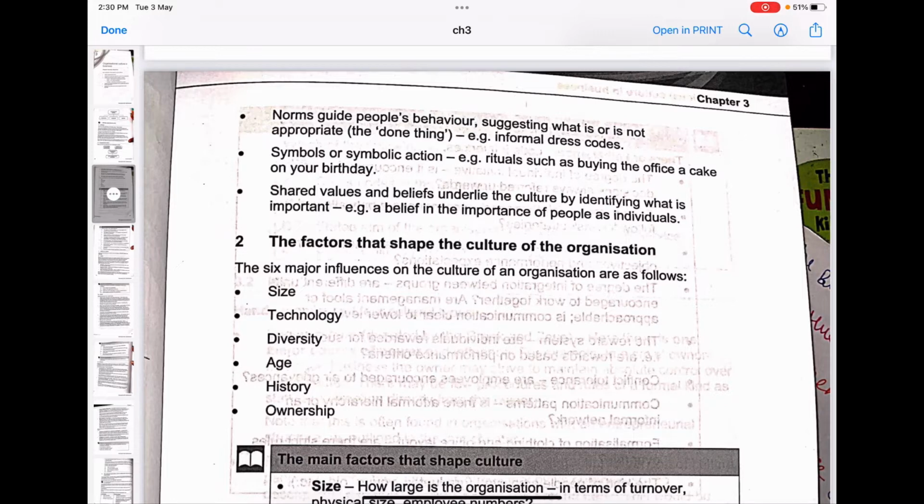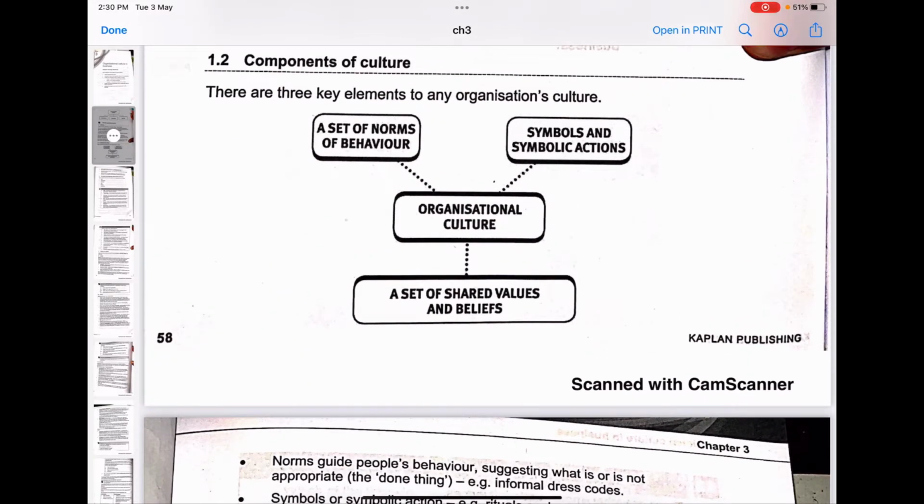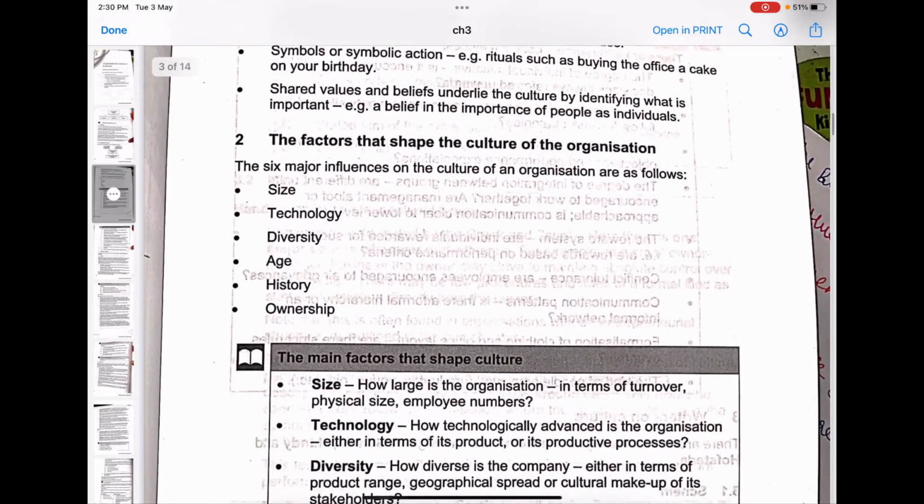For example, rituals such as buying the office cake on your birthday. Shared values and beliefs underlie the culture by identifying what is important, such as a belief in the importance of people as individuals. So what are the three components of organizational culture? A set of norms and behavior, symbols and symbolic actions, and a set of shared values and beliefs.